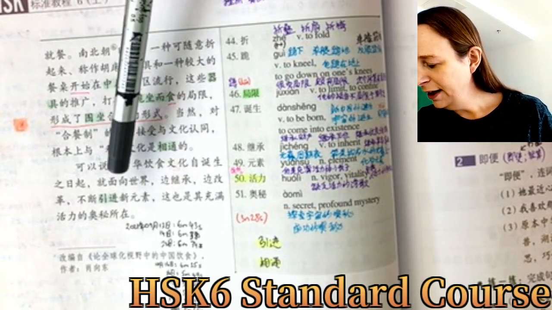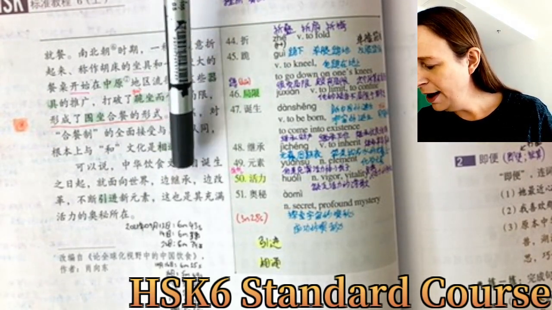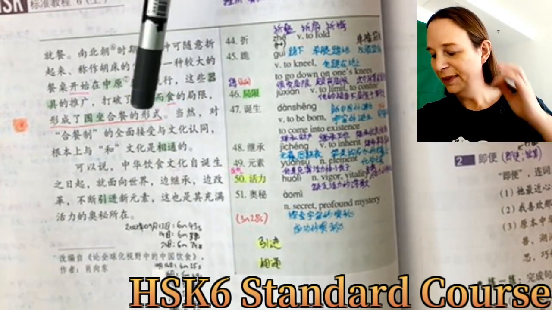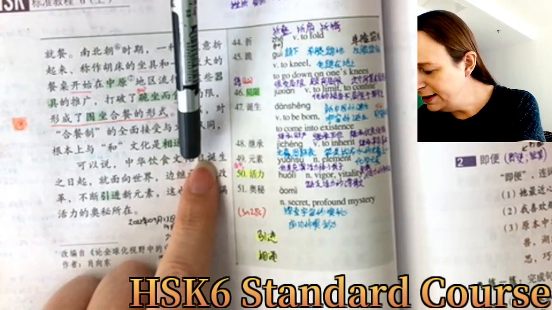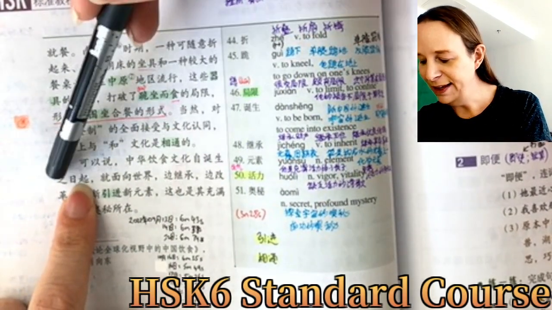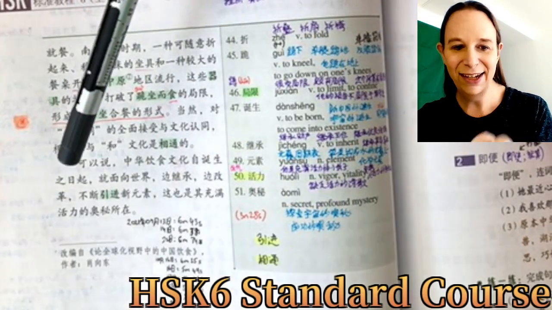可以说中华饮食文化自诞生之日起。So this is a grammar structure. 自什么什么起 from some point in time onwards.